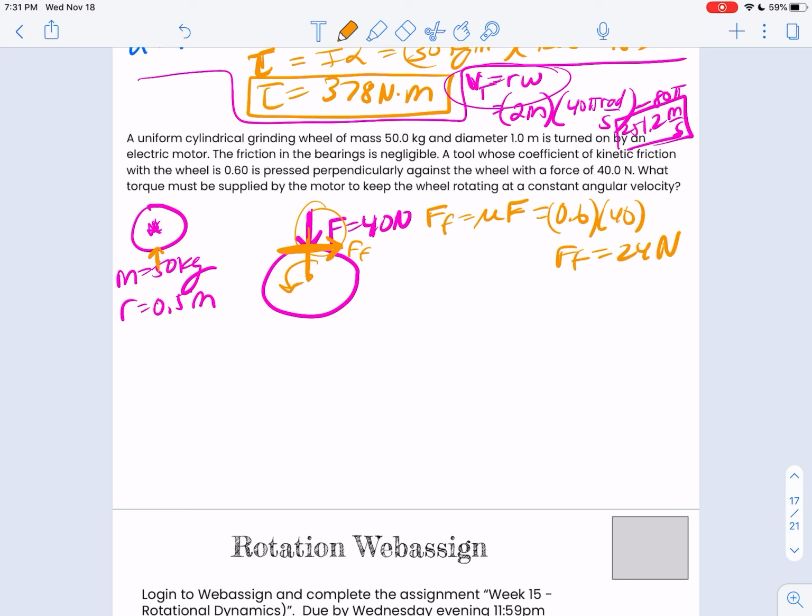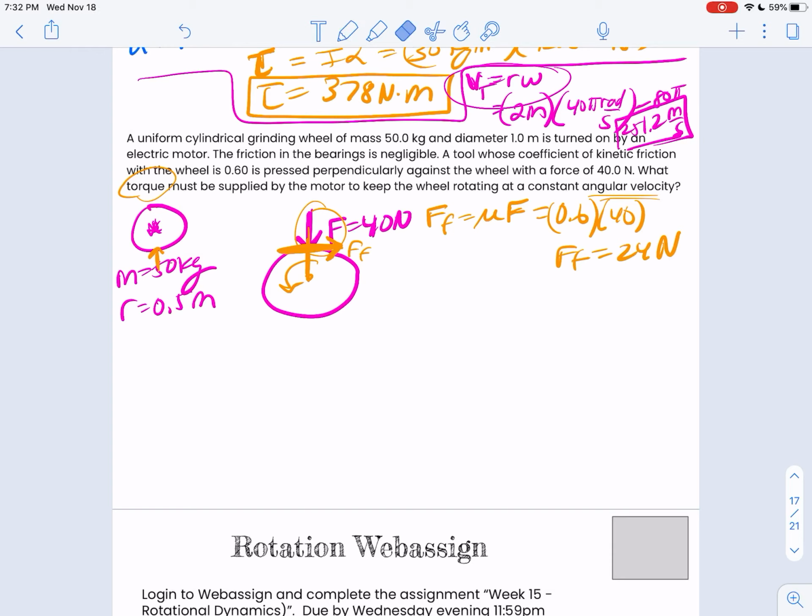Now they're asking what torque must be supplied by the motor to keep it at a constant angular velocity. This is like a box being pushed across the floor: it has some friction, so you have to apply some other force to keep those balanced. That's what you're doing now, except with the torque.